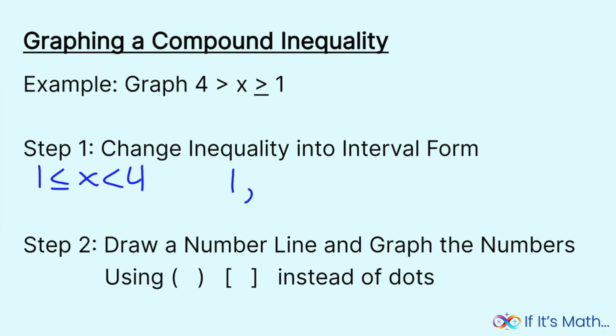So you have from 1 to 4. I have or equal to. So I'm going to end up with a bracket here. I do not have or equal to. So I'm going to end up with parentheses there. So that is the interval form of 4 is greater than x, which is greater than or equal to 1.